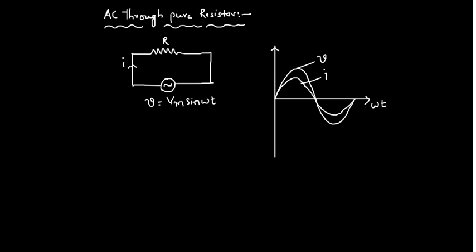Now if you draw the phasor diagram of this voltage and current, we get the phasor diagram like this.